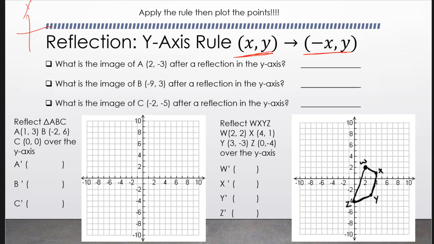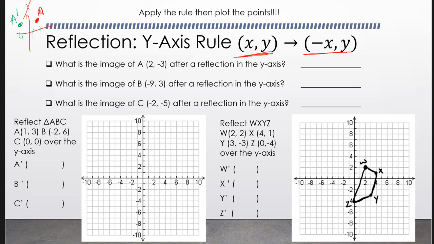So again, if we're just thinking about it, if we had a point over here, my point A, and I'm reflecting it over the y-axis, I know it's now going to be over here as my A prime. And if it was over here and it was like 2, 2, now it's going to be -2, 2, because it's on the other side.